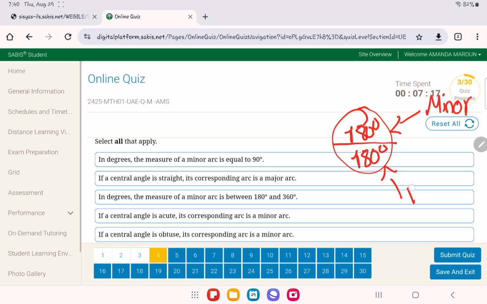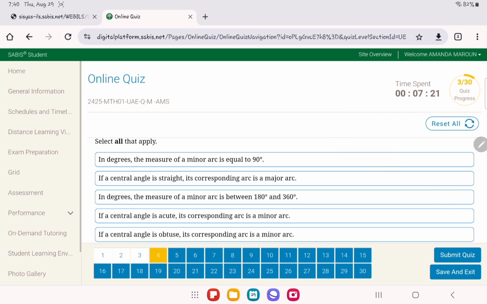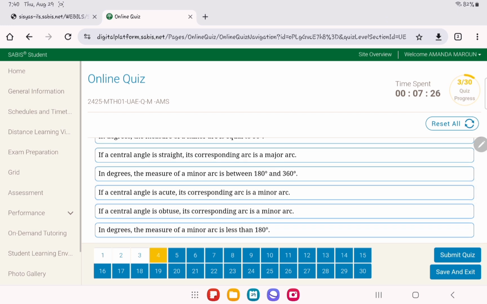If they're the same value and one is a minor and one is a major, no. So that means the second one is incorrect. In degrees, the measure of a minor arc is between 180 and 360. No, we said between 0 degrees and 180 degrees. If a central angle is acute, its corresponding arc is a minor arc. So let us try.